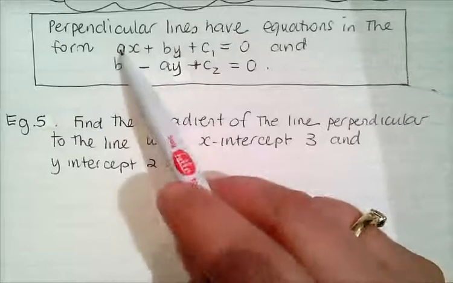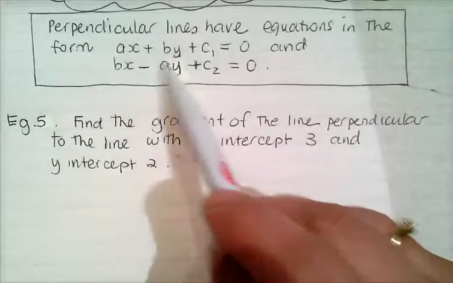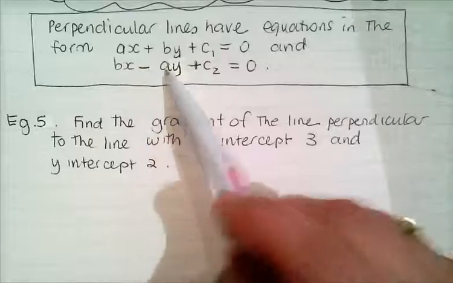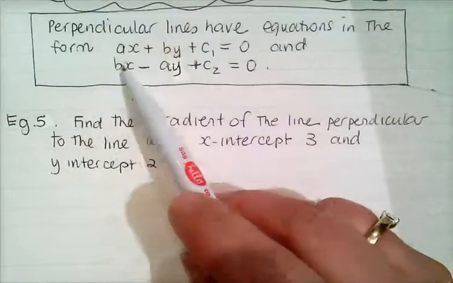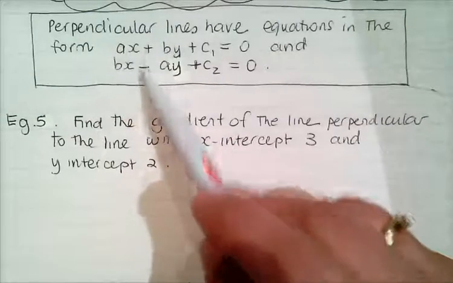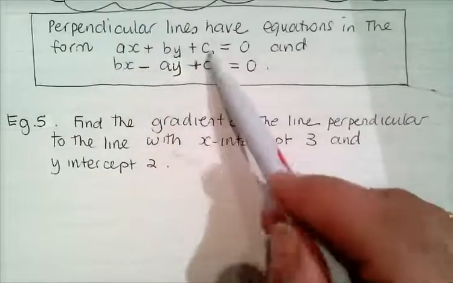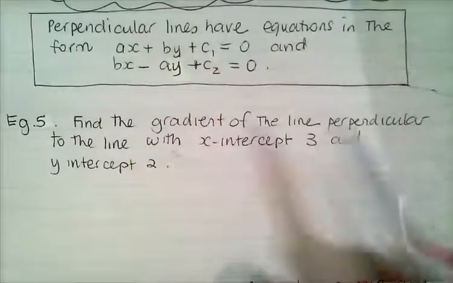The coefficient of the x here will be the coefficient of the y here, but it'll be the negative of it. And here, the coefficient of the y here will be the coefficient of the x here. But notice one of them will be negative, the other one will be positive, okay? And they may or may not have different constants, okay?